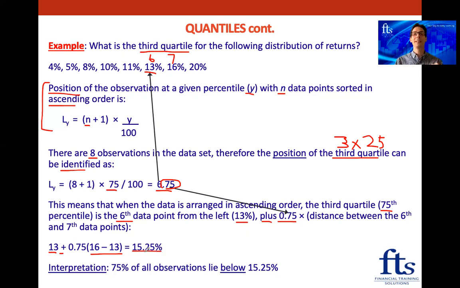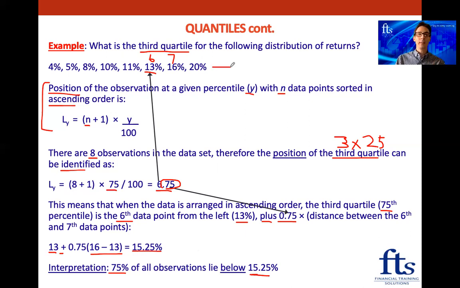So what does this mean in English? Remember our quantiles, it tells us the percentage of observations below a certain number. So we can say that 75% of the observations lie below 15.25%. So let's just stop for a minute and see, how do we apply this in the investment world? Well, perhaps these could be returns of different investment funds that are investing in the same style.